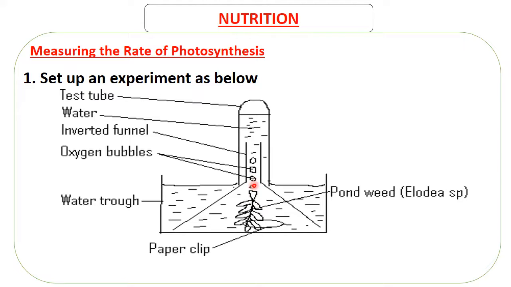The number of bubbles being produced in a specified period of time will tell you the rate of photosynthesis. If a lot of bubbles are being produced, it means the rate of photosynthesis is high, and if a lower number of bubbles are being produced, then the rate of photosynthesis is low. So this is how to measure the rate of photosynthesis.